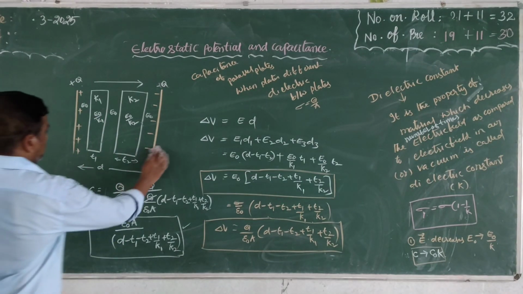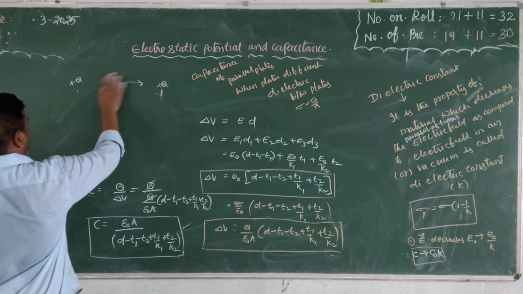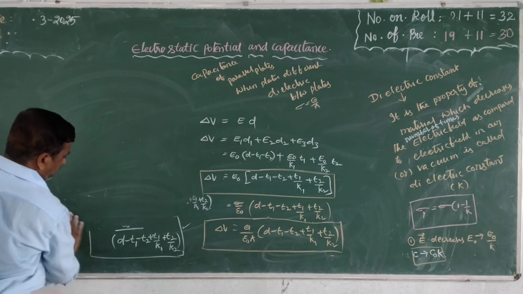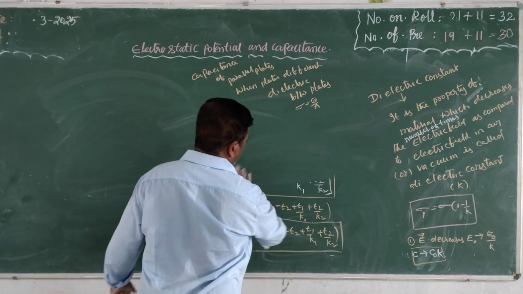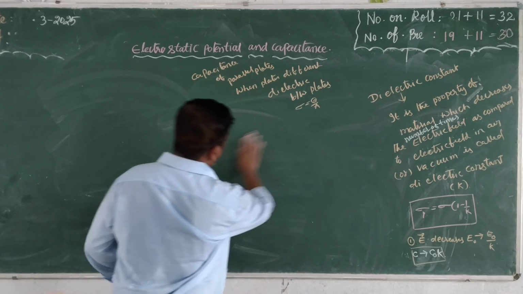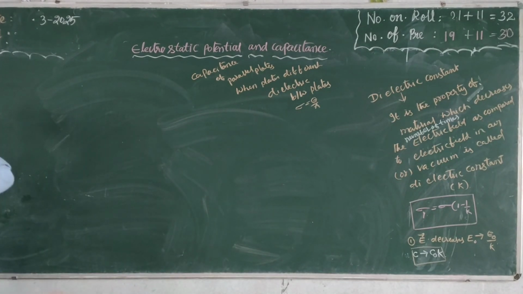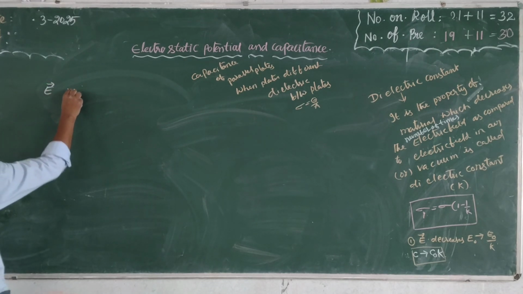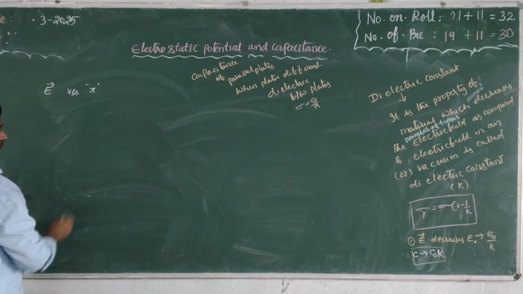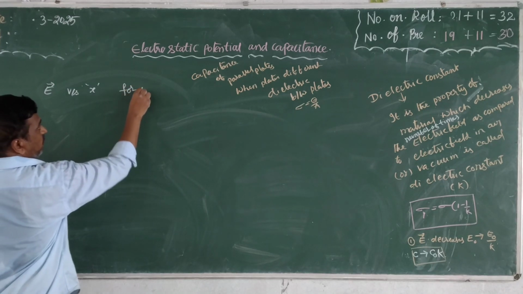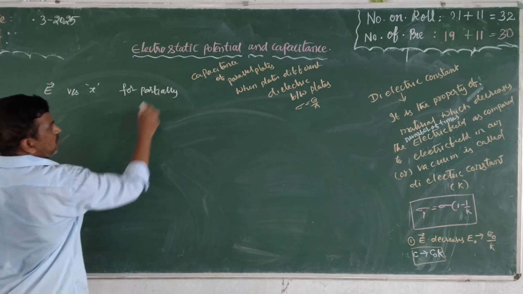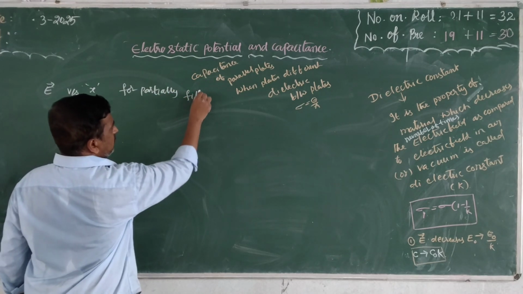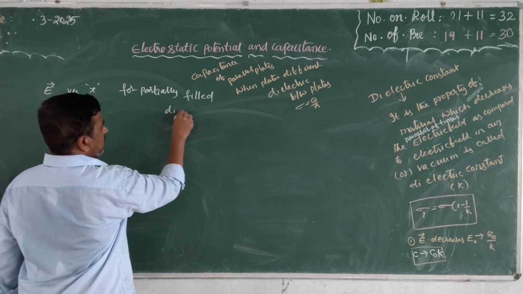Now we can draw the electric field versus distance graph, and the potential versus distance graph. For that, first we draw electric field versus x for a partially filled dielectric.